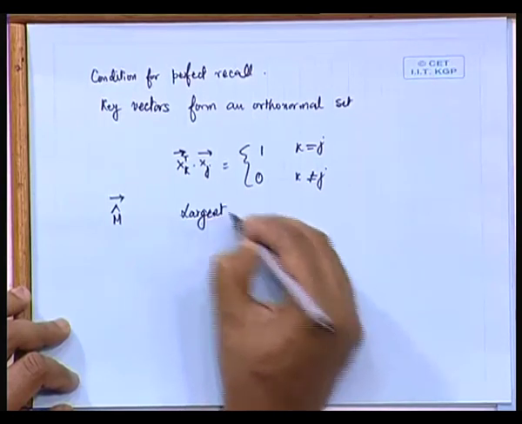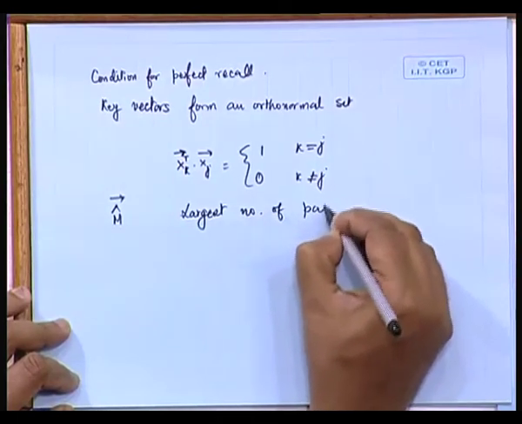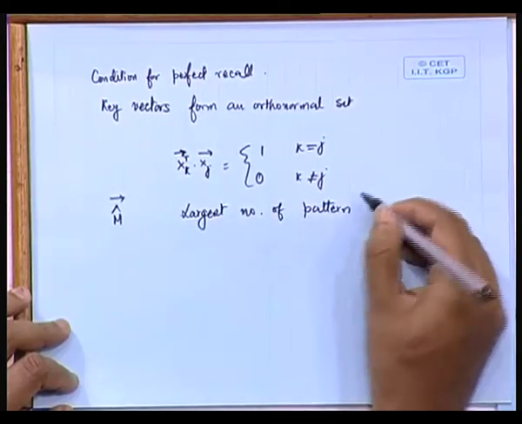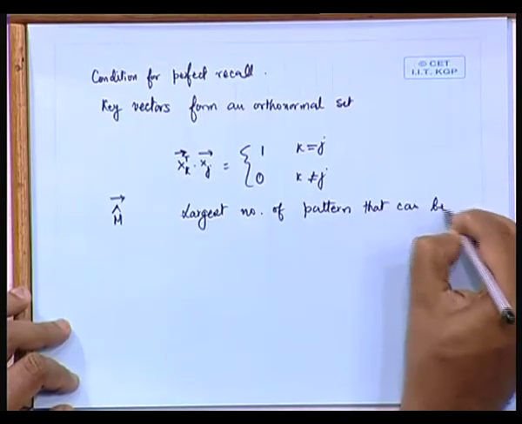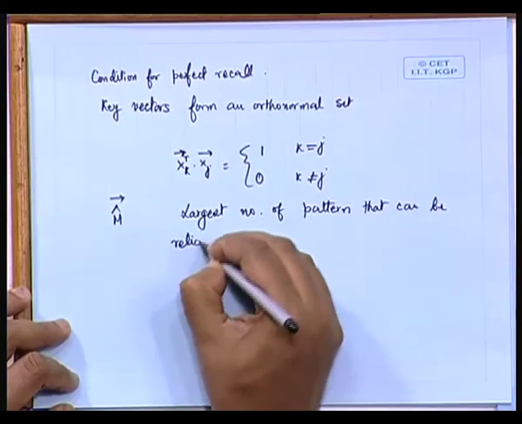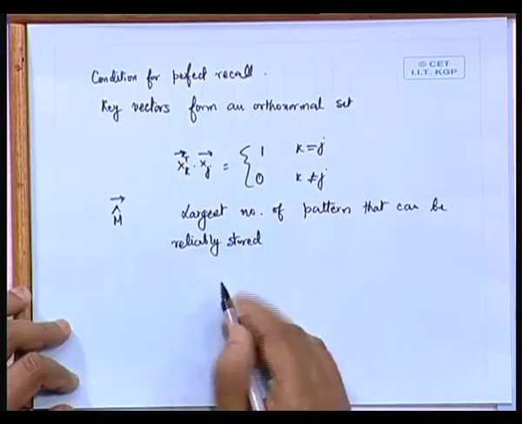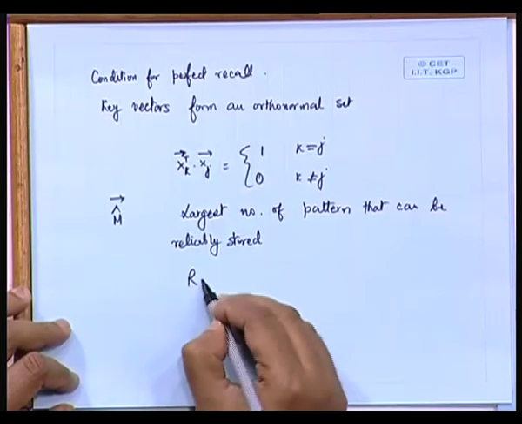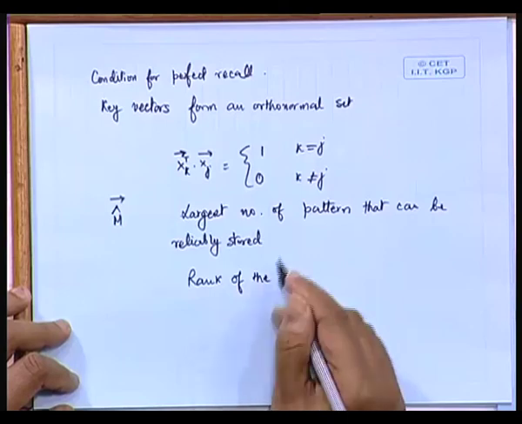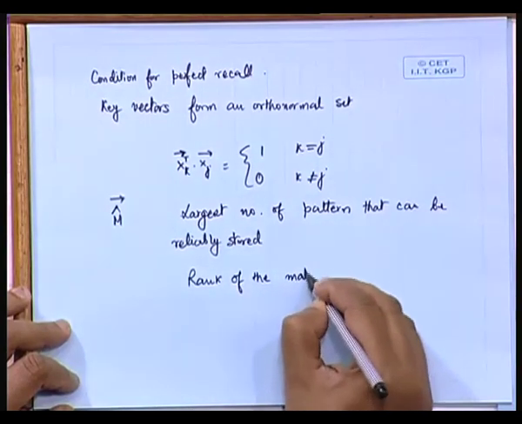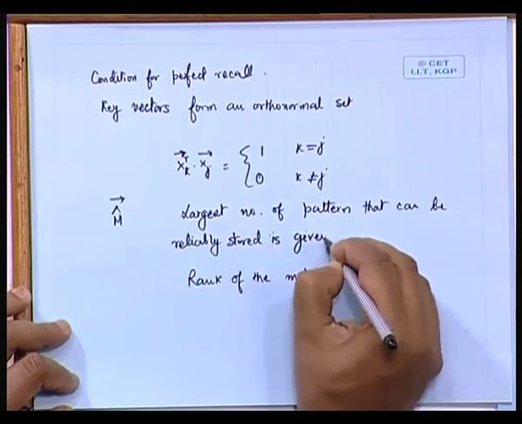And now, for the matrix M cap, the largest number of patterns that can be reliably stored is in fact given by the rank of the matrix M. So, let us remember this.